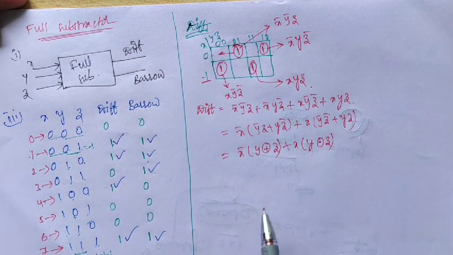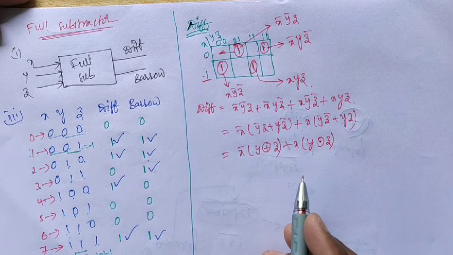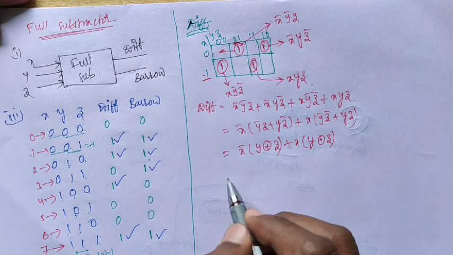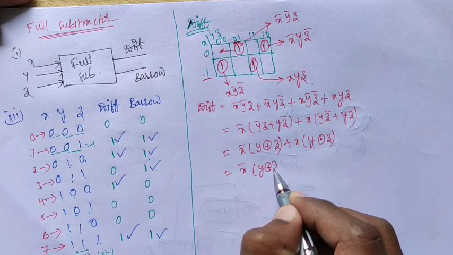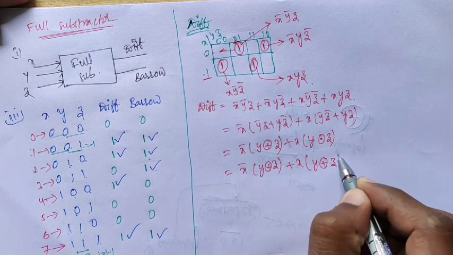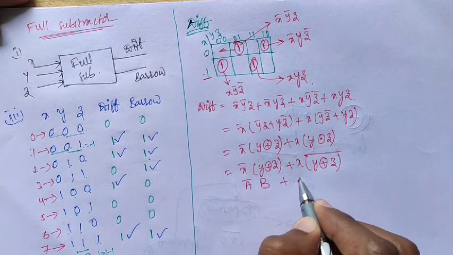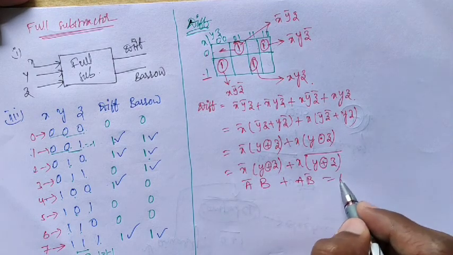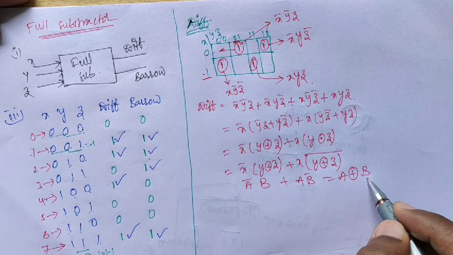Okay, what is the relation between XOR and XNOR? XNOR is equal to XOR complement, and XOR is equal to XNOR complement. So I can write it as x bar into y XOR z plus x into (y XOR z) whole bar. So it is in the form of a bar b plus a b bar, that is a XOR b.